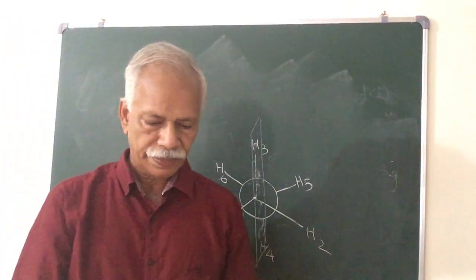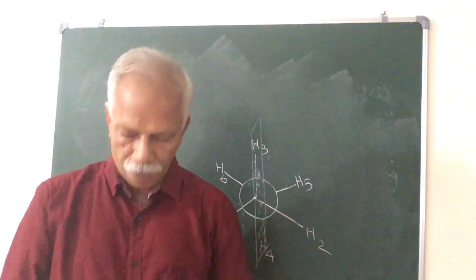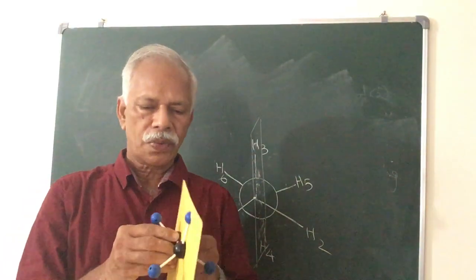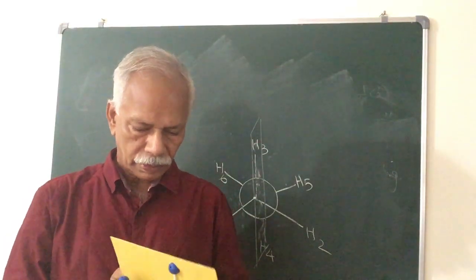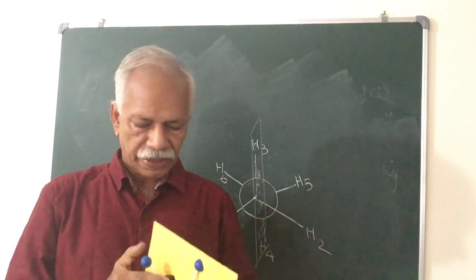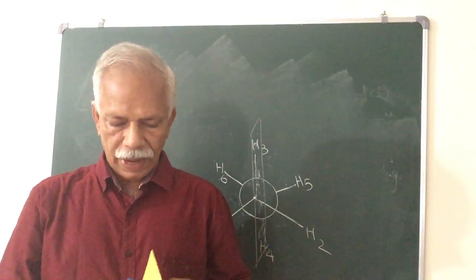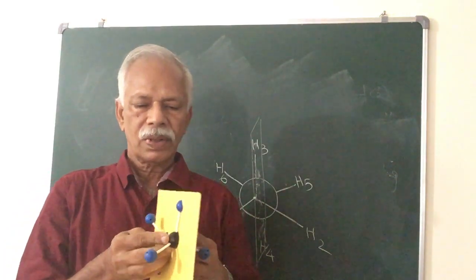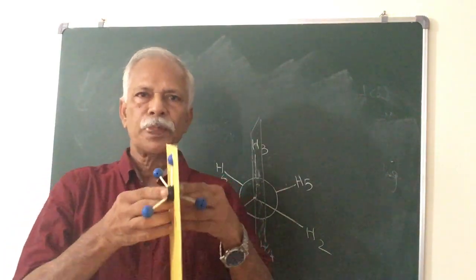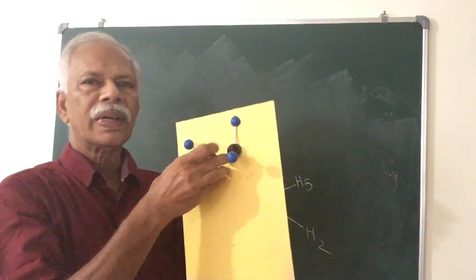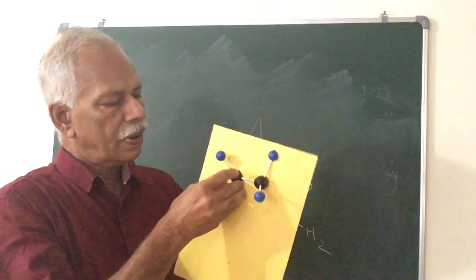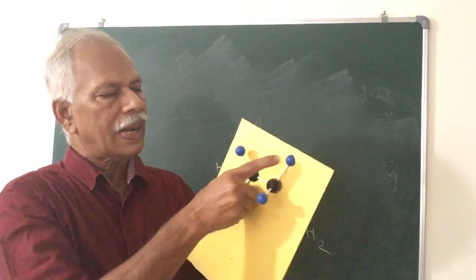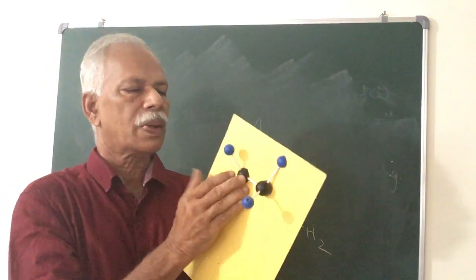Here I have this model of ethane. I have inserted it into a planar board so that this plane of the paper is a plane of symmetry. You can see this hydrogen and the two carbons are in the plane.